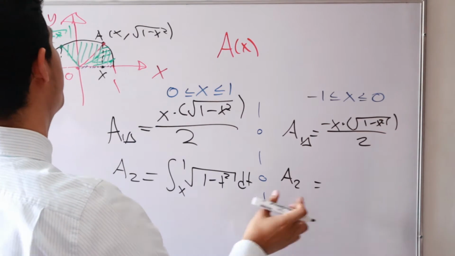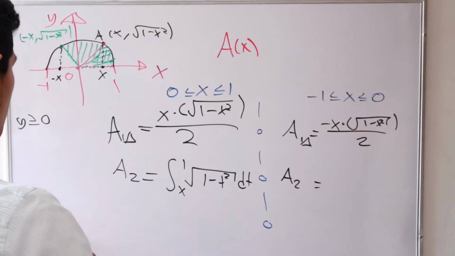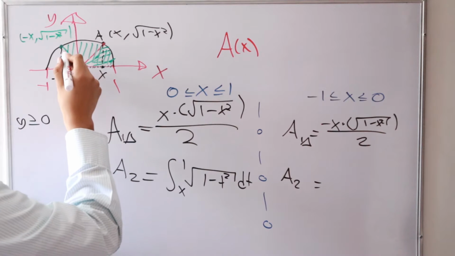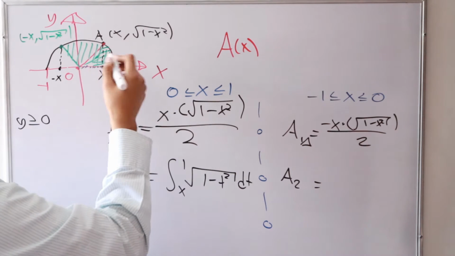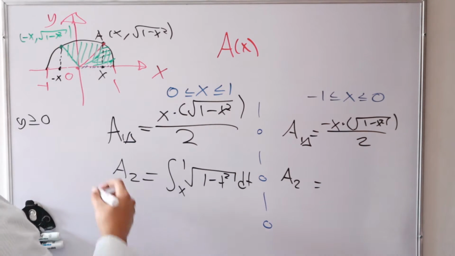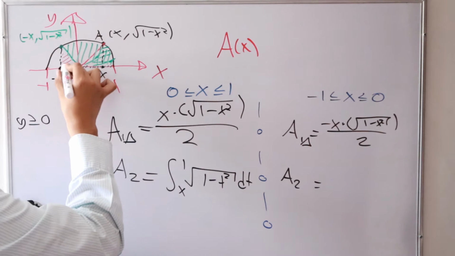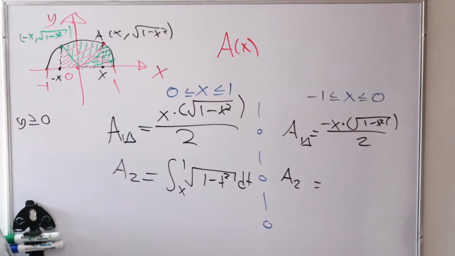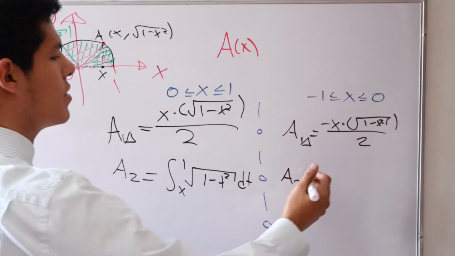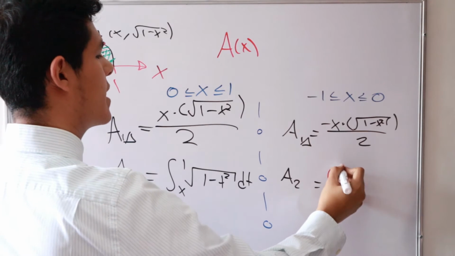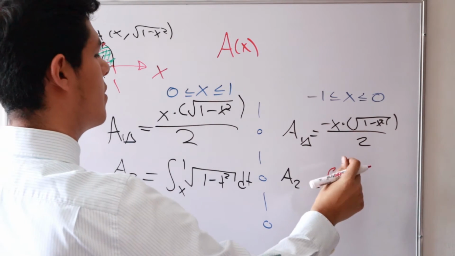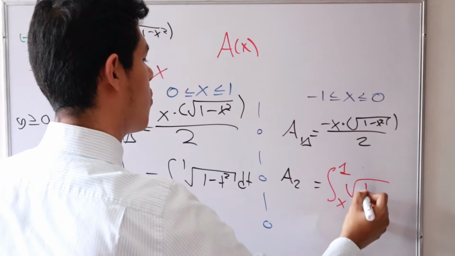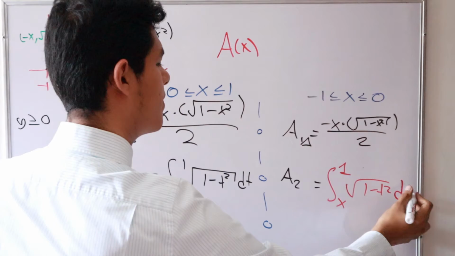And the second area would be all of these, the area that I want to find, plus this area. So area 2 is the integral from x to 1 of the square root of 1 minus t squared dt.